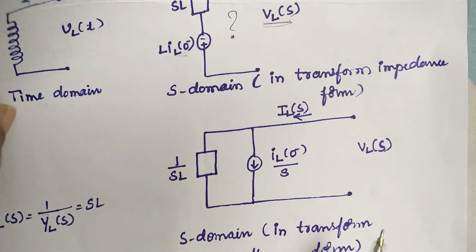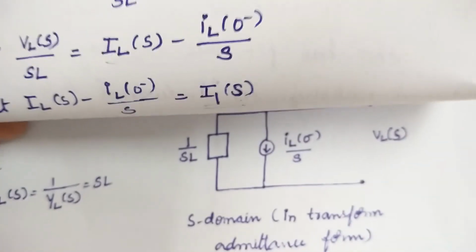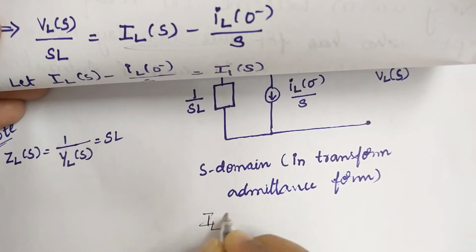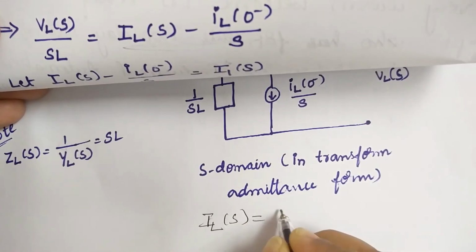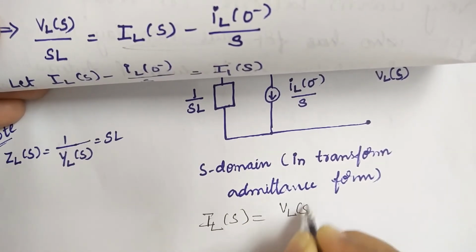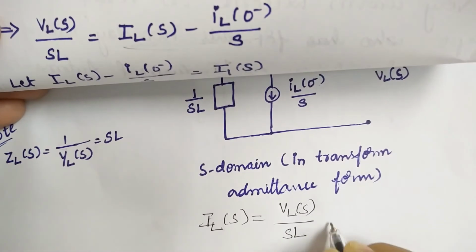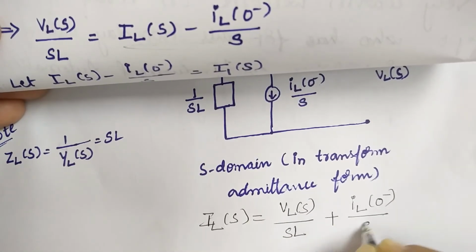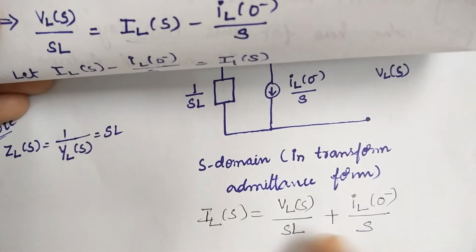Let me write that equation once so that it will be easy for you to understand. This is what: IL of S is equal to VL of S by SL plus IL of 0 minus by S. So this is the equation, right?